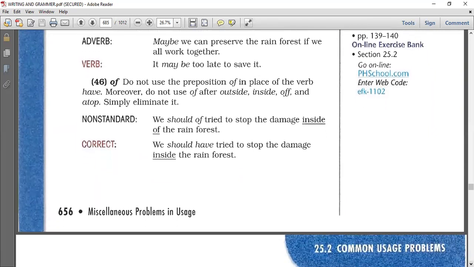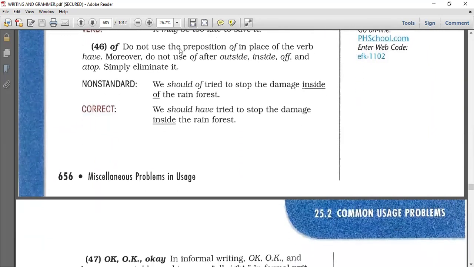Number 46, of. Do not use the preposition of in place of the verb have. Moreover, do not use of after outside, inside, off, and atop.